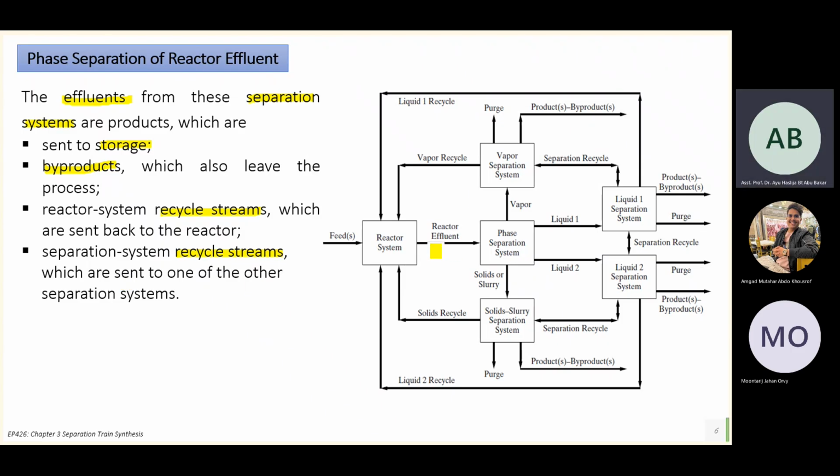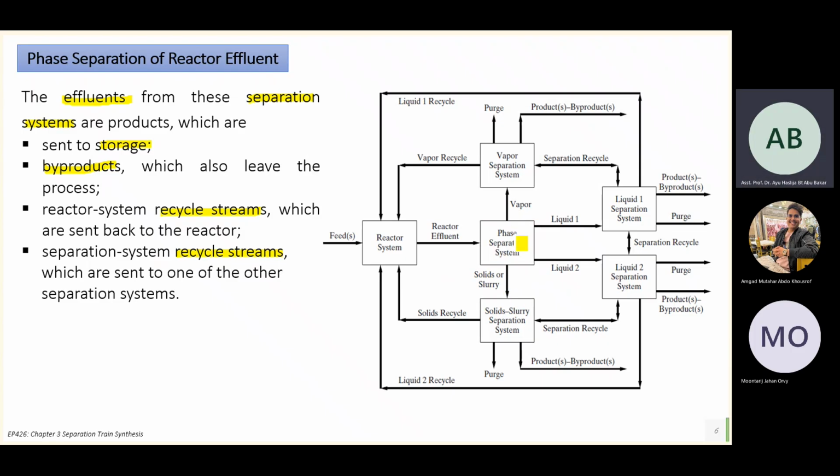For example, over here we have feed going into the reactor for the reaction process. Then you have effluent. These effluents perhaps have a mixture of vapor, liquid, and some solid. So for the phase separation system, you can choose a suitable phase separation system to separate vapor, liquid, or slurry.